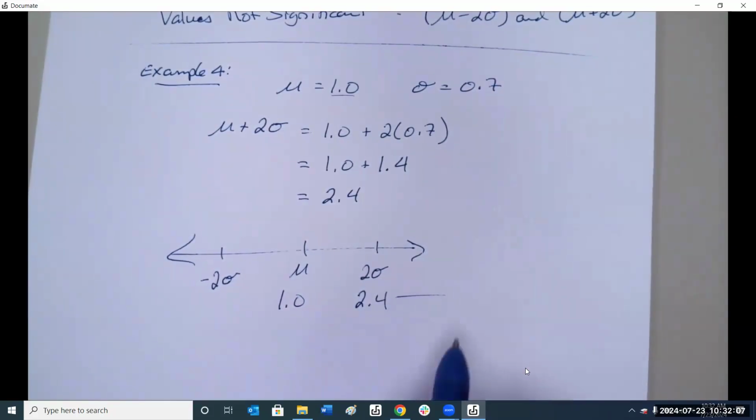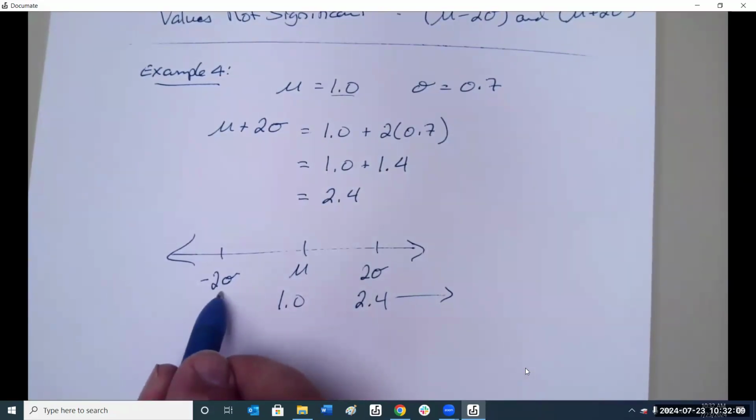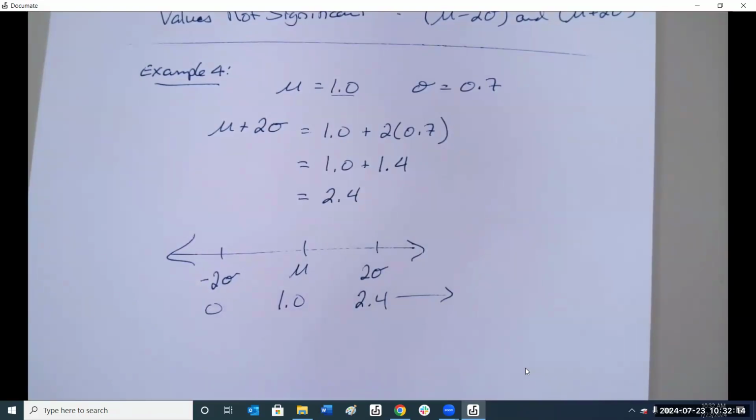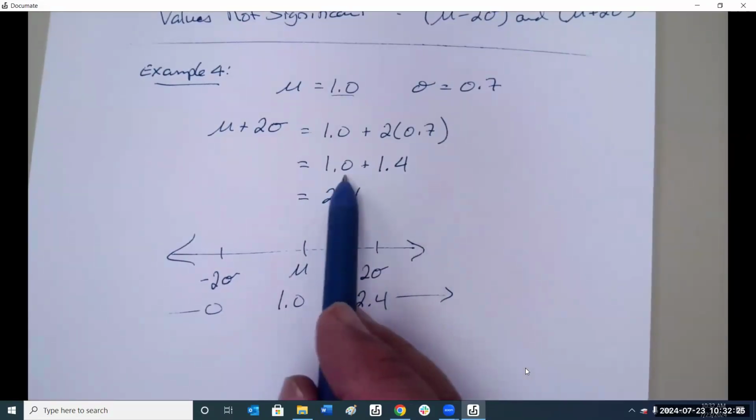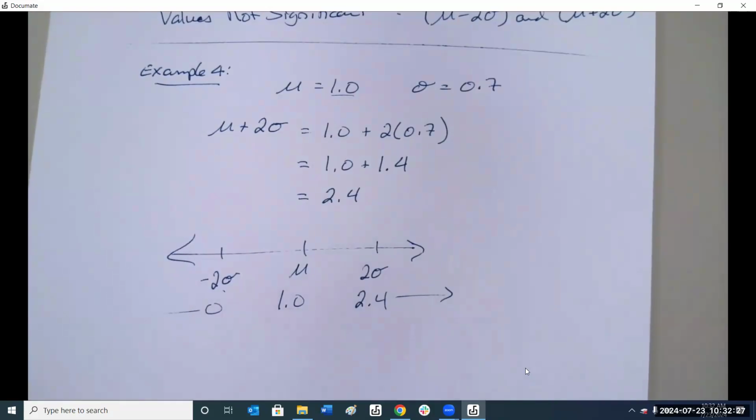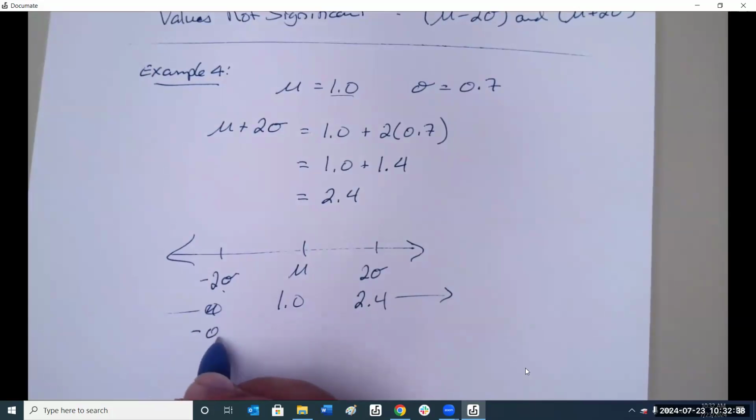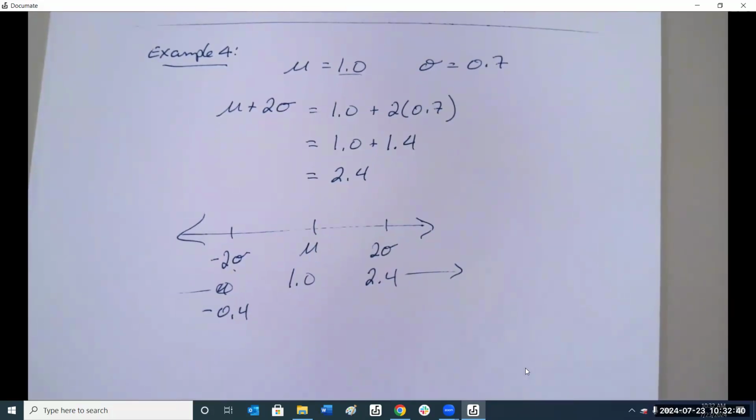And then 1.0 minus 1.4 would be negative 0.4 on this side, which you can't have. So anything lower than negative 0.4 would be significantly low.